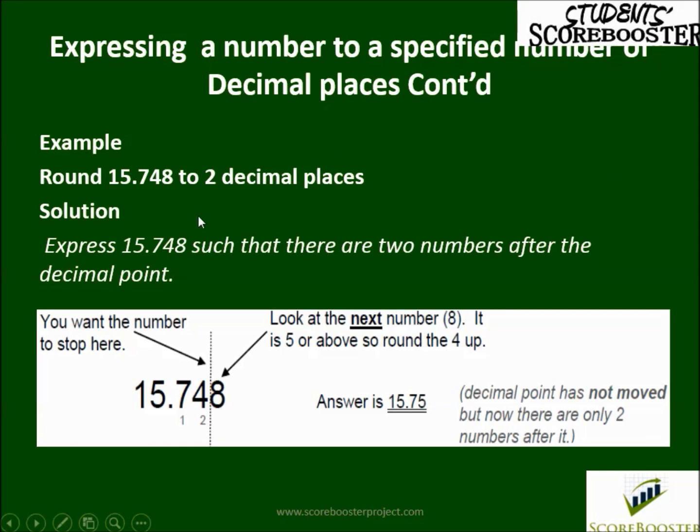Round 15.748 to 2 decimal places. The solution: you need 2 digits after the decimal point. The first number is 7, the second number is 4. Now we want to remove any other number after this 4. We consider the next number, which is 8. 8 is above 5.